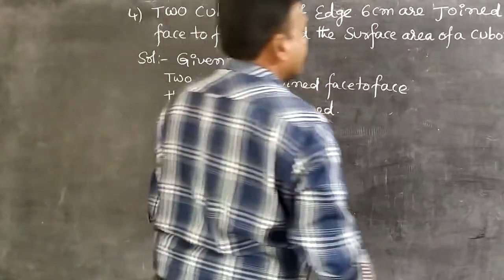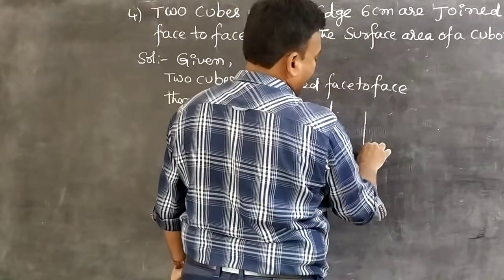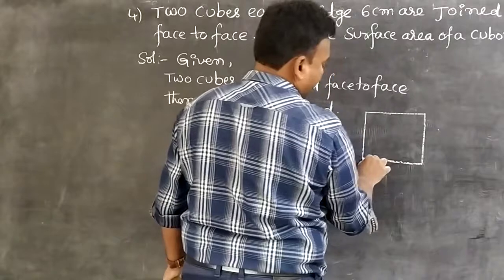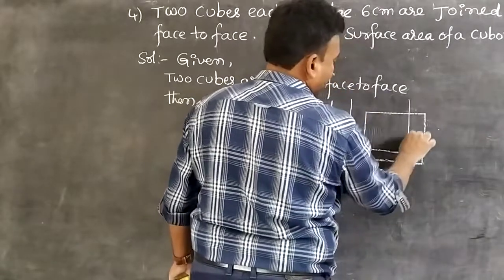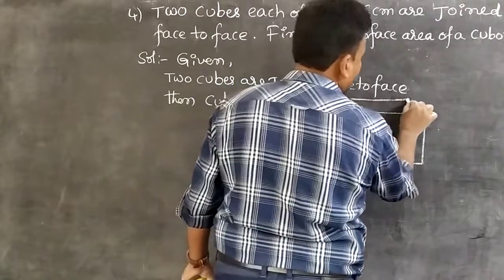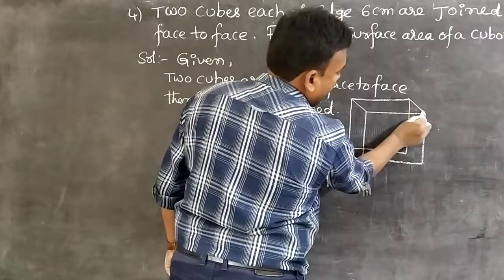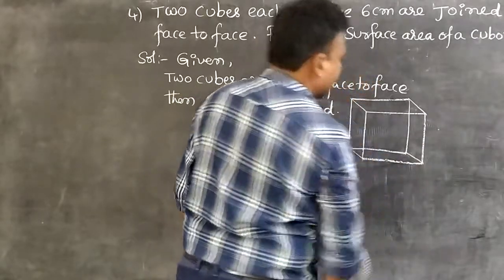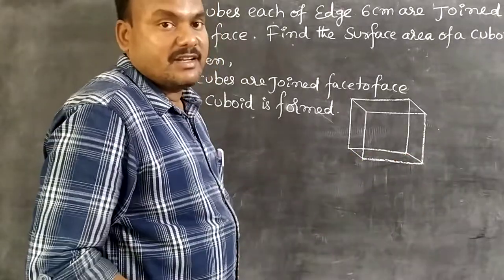Okay, how is it observed? So, first one, students. This is one cube, students. One cube. We will discuss later what a cube is, what the definition is.